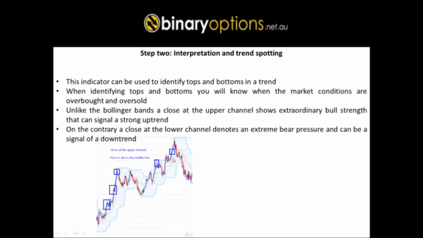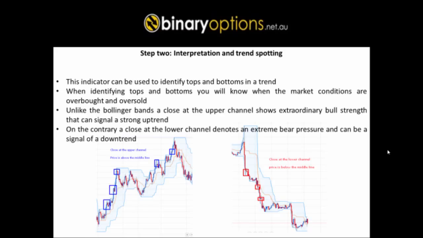And on a downtrend, you can see that we are closing at the bottom or at the lower channel, 1, 2, 3, and you can see that the move down is very extreme. So this is how you use Donchian channels to spot the overall move of the market.